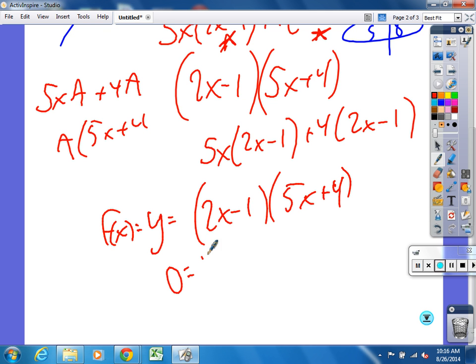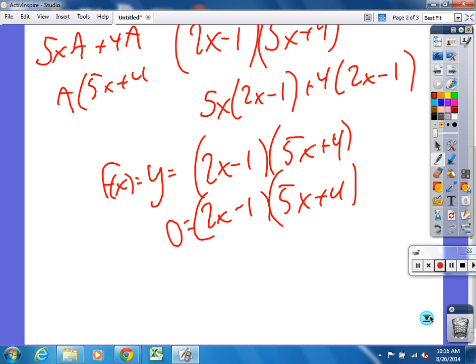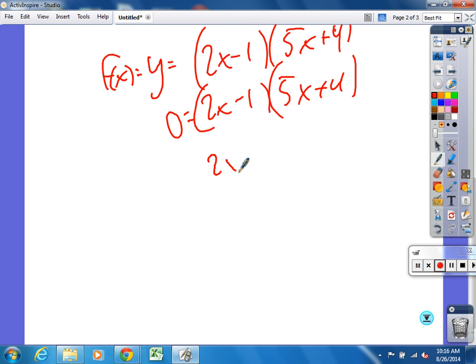So if you are multiplying factors, how do we get something to be 0? We find the x value that makes this factor 0, or the x value that makes this one 0. So we set it equal to 0.